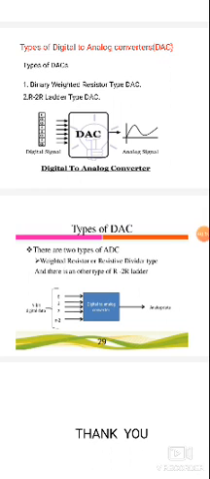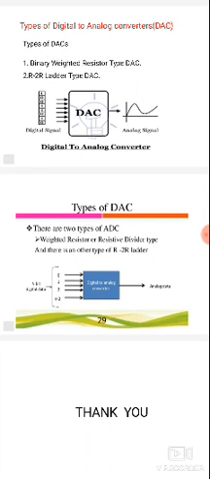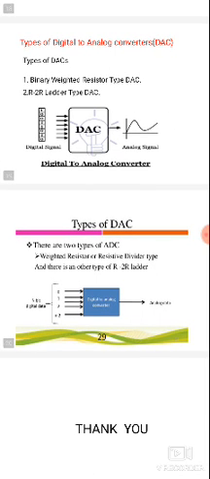In the next classes we will discuss the binary weighted resistor type: how it changes values from digital to analog, its circuit diagram, its applications, where we can use it, and how it works. Next, the R-2R ladder network: where we can use it, how it works, and the differences between the R-2R ladder network and the binary weighted resistor.